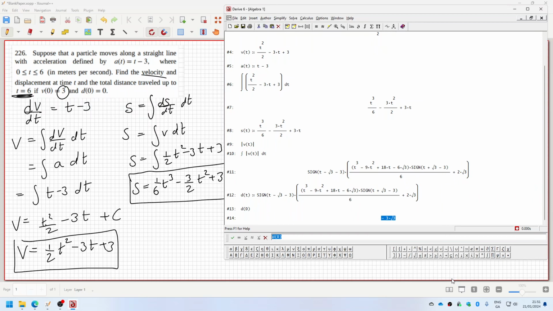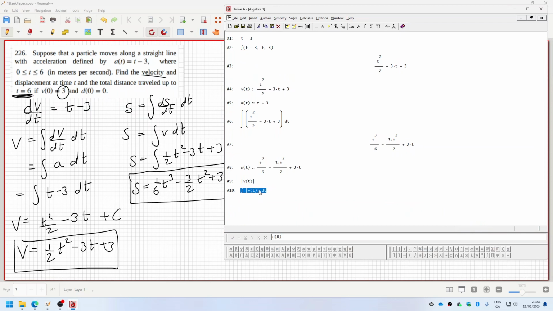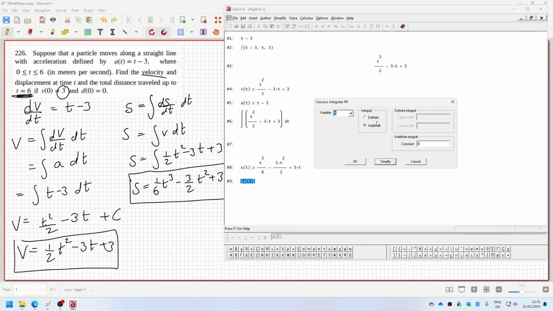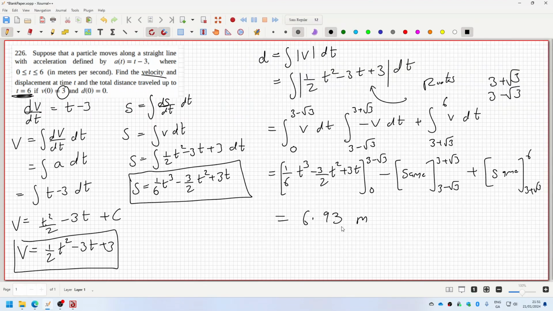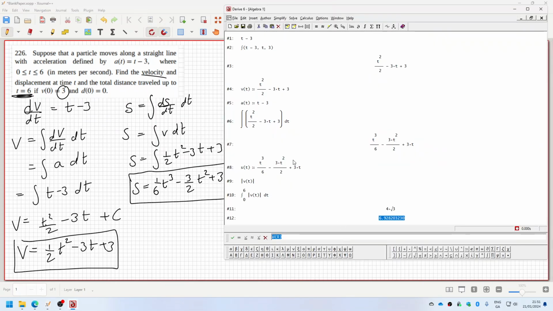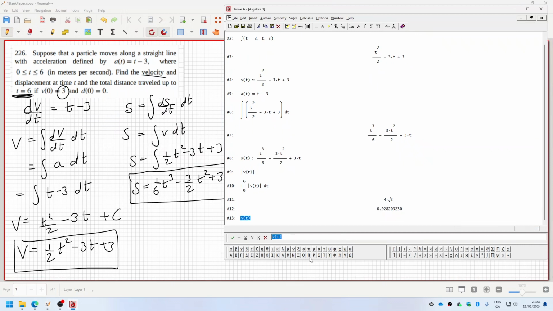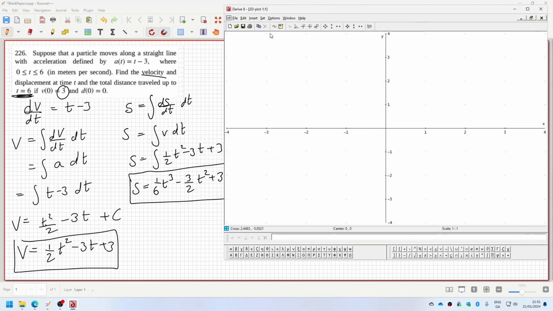Something's not quite working out here. Yeah, it's not quite working out right for the formula. So let's just integrate it directly and see what happens. Okay, that's the answer I got here. I'm going to grab the velocity. Yeah, it goes negative here.